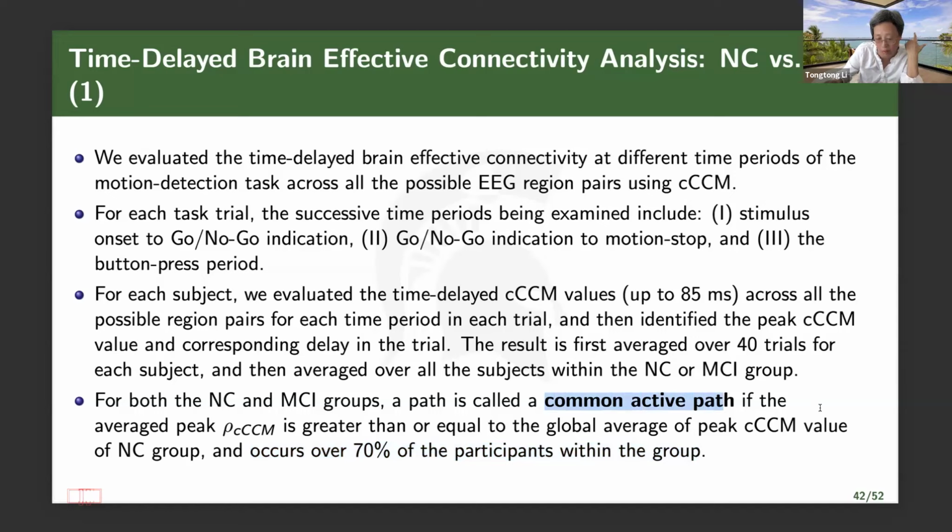So if the CCM value is higher than the threshold, we say it is active. If it appears in over 70% of the participants, we call it common. So this is the concept of common active path.